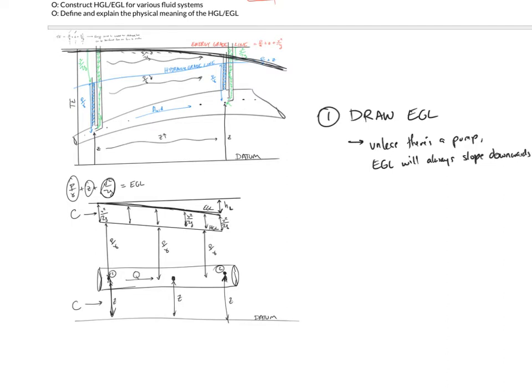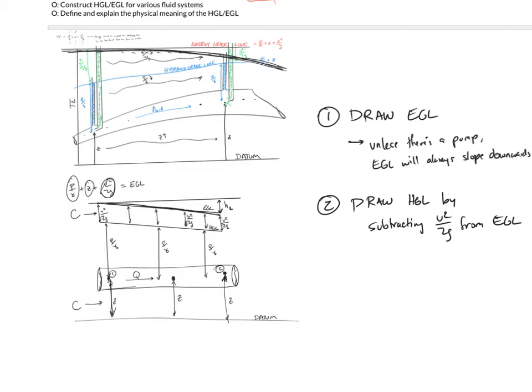The slope is going to be steeper when we're losing more energy. So we lose more energy in narrower pipes and in pipes where the velocities are high. And then you draw the HGL by subtracting V squared on 2G from the EGL.